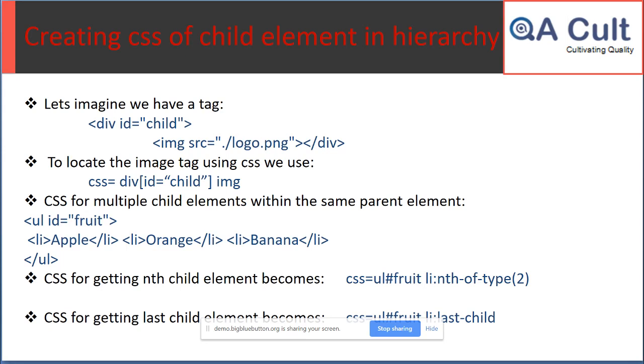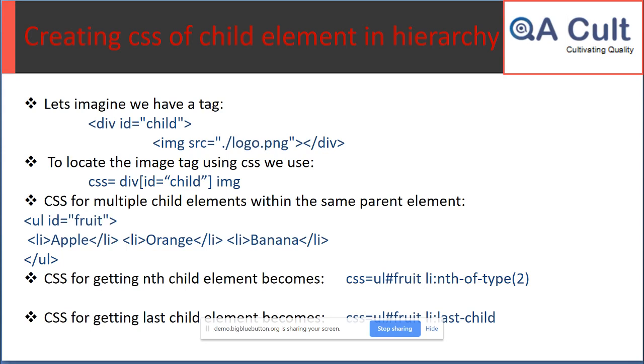And then there is CSS for multiple child elements which have the same parent, like there is the unordered list ul which has an id fruit, and then there are three li tags: apple, orange and banana.